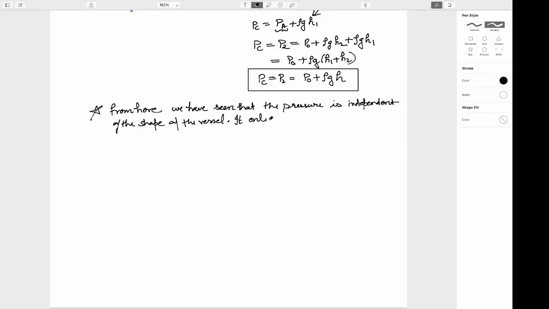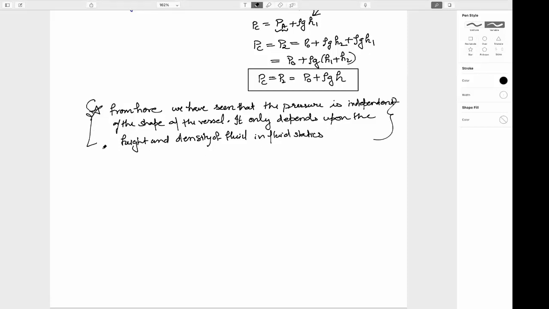It only depends upon the height and density of the fluid in fluid statics. It is not a universal case. But for fluid statics, when we are looking at these types of problems, this is the case. Okay. So this is about this.